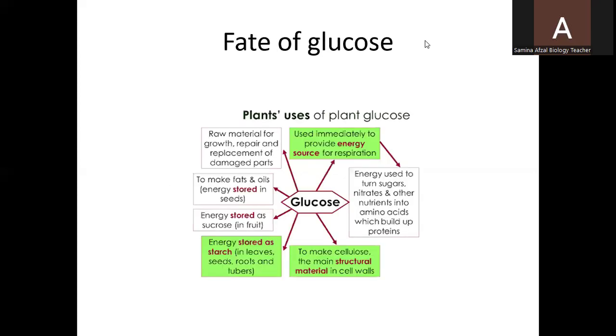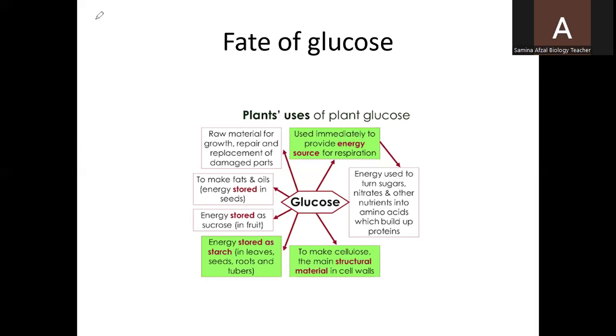Next, I would like to discuss the glucose, which is manufactured during the process of photosynthesis. What are the uses of that glucose molecule, or what is the fate of that glucose which is manufactured during the process of photosynthesis?